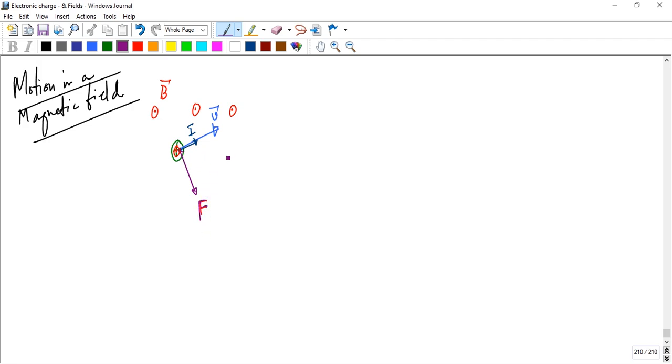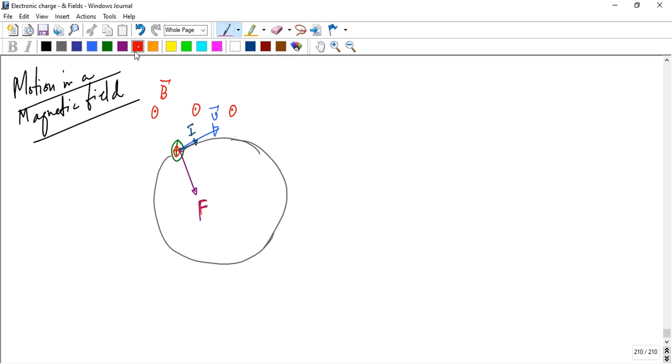Now that the force is in that direction, there is a rotation: the charged particle moves in a circular orientation. I think that's the basic idea.